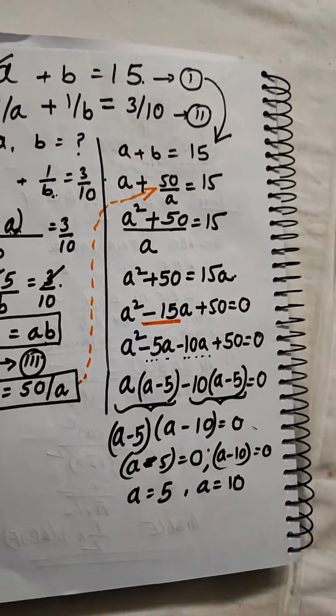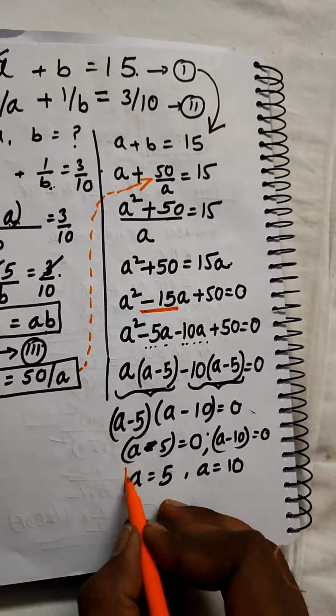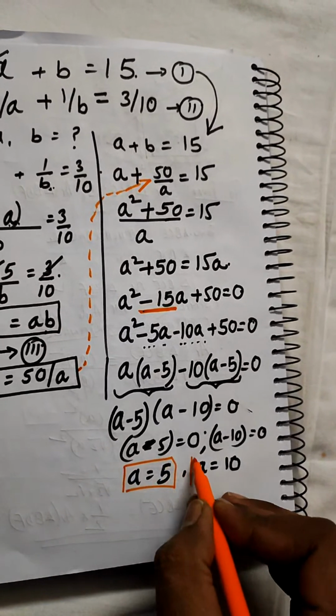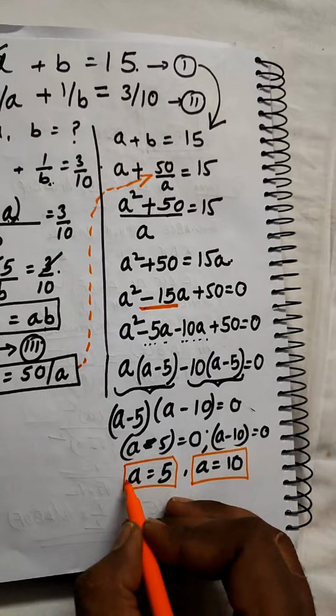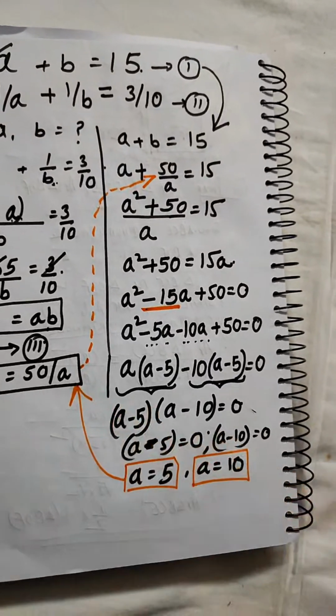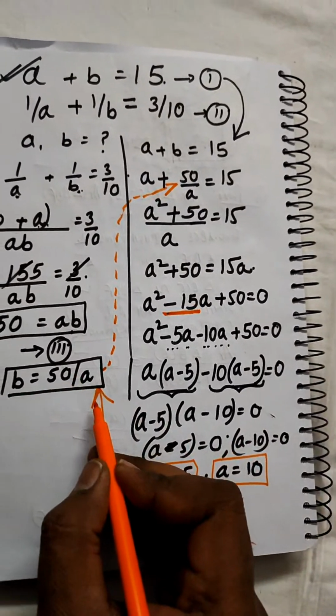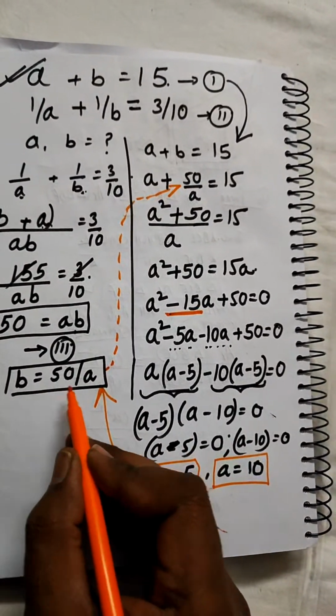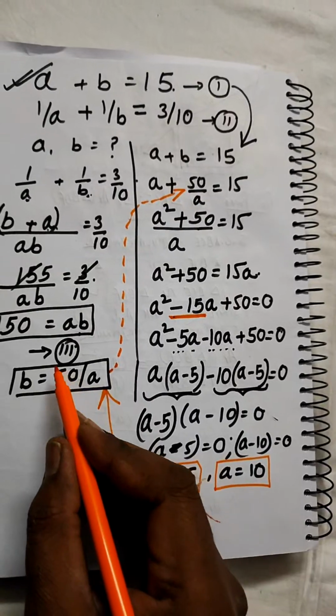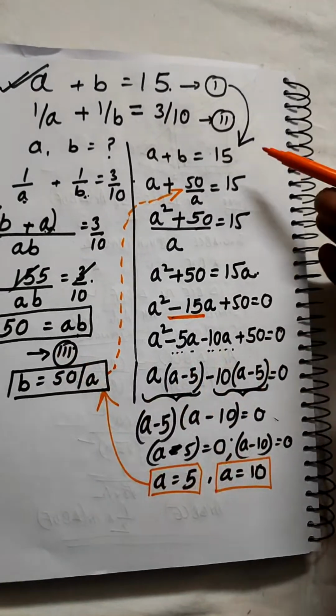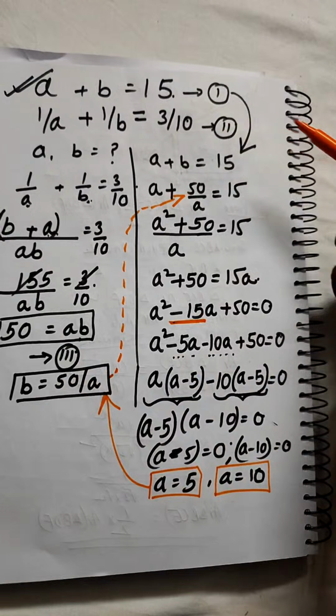Now put these values into the equation B equal to 50 by A. This is equation number 3, which is derived from the second given relation.